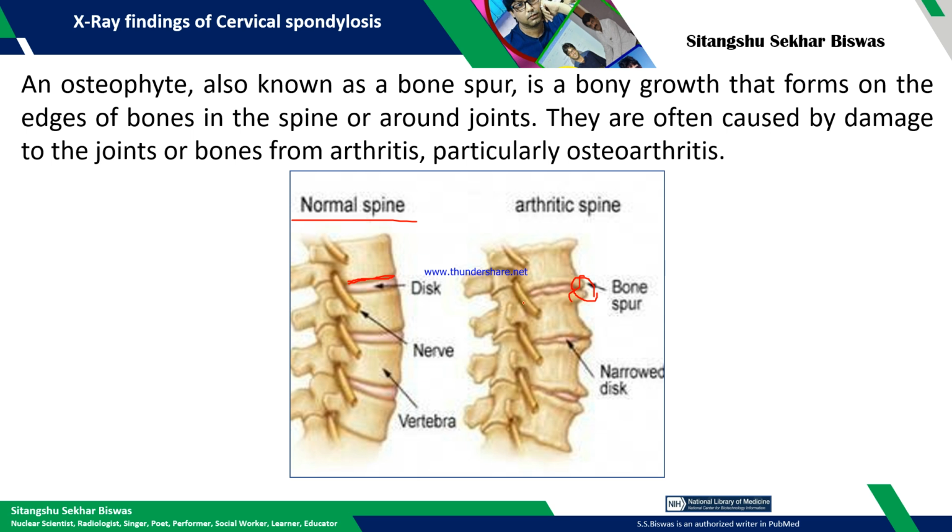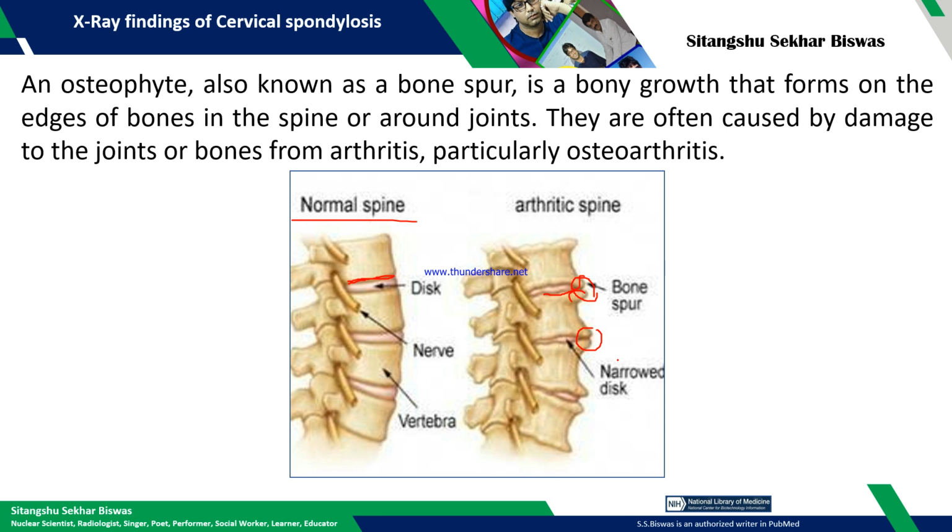And you can see here the vertebral end plates are irregular. Okay. And you see here, this is a growth at the end of this particular vertebra. So these are called osteophytes.